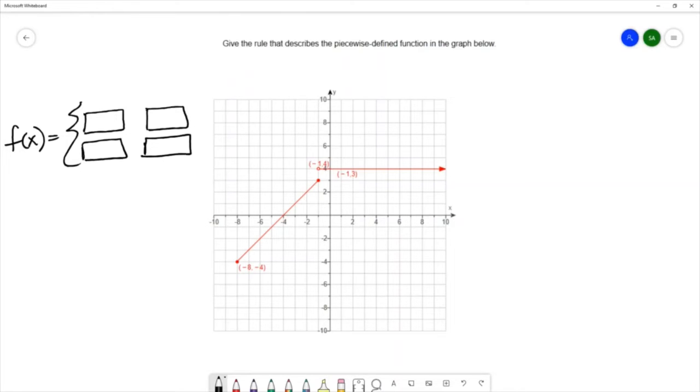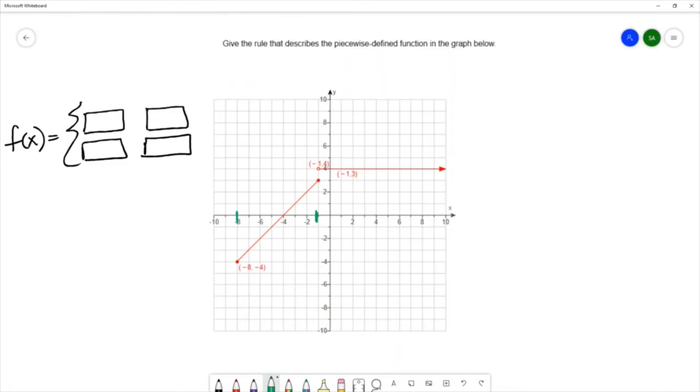So by looking at this first line, I can see that it starts at an x value of -8 and it stops at an x value of, looks like, -1.